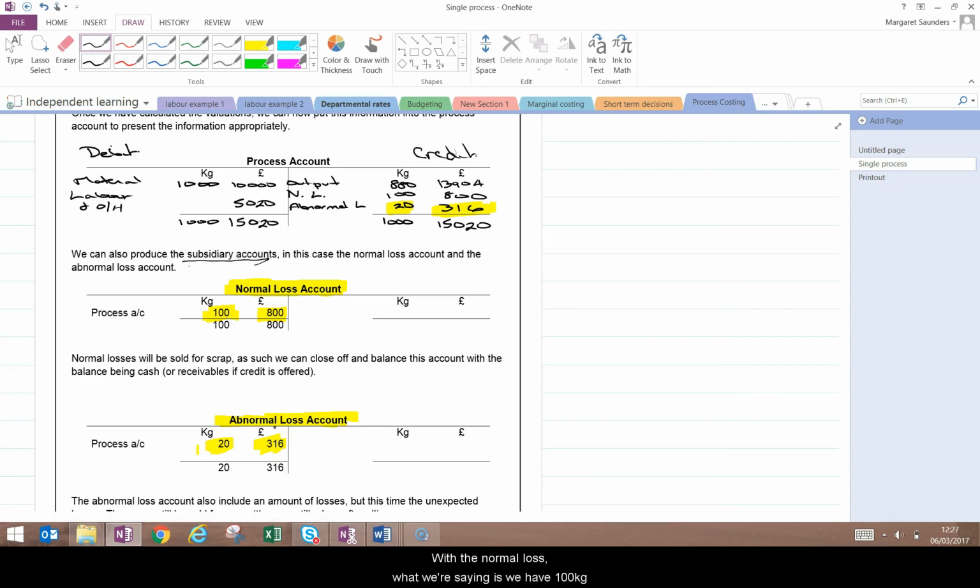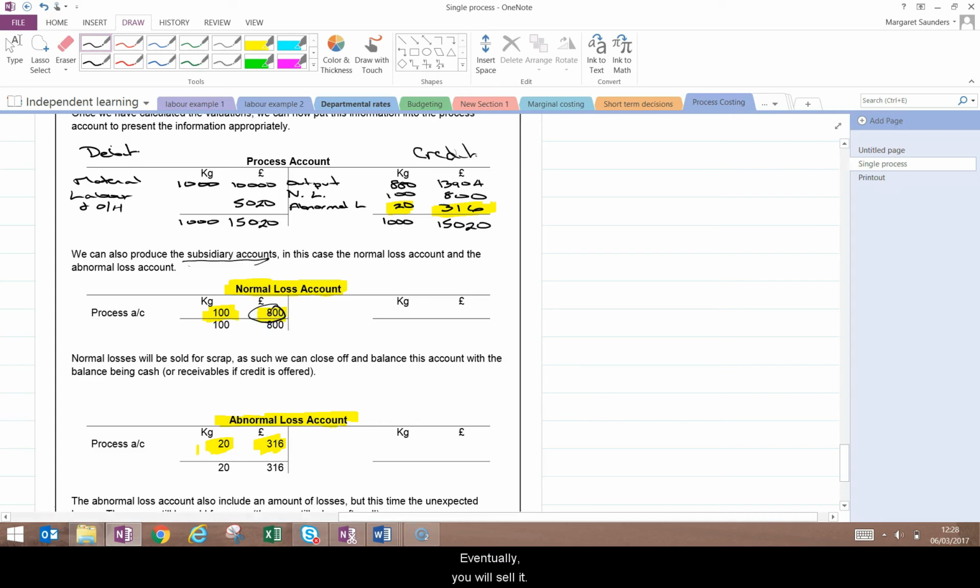With the normal loss, what we're saying is we have 100 kilos that came out of the process. We expected it to come out of the process. It's not our actual product, but we can sell it for scrap, and we can sell it for £8 a kilo, hence the £800.